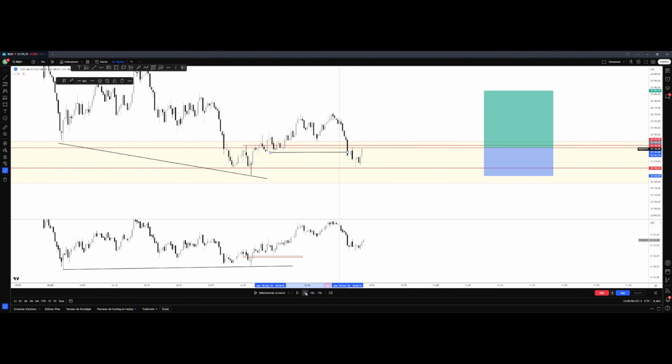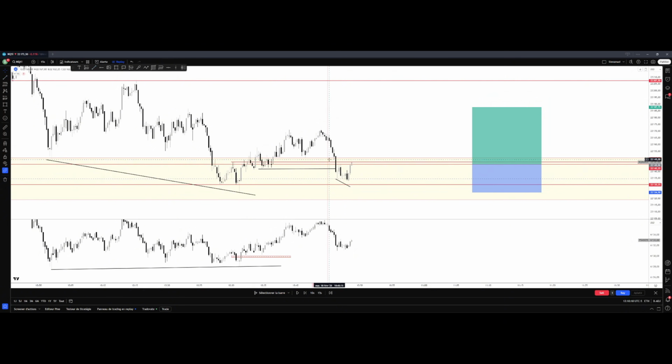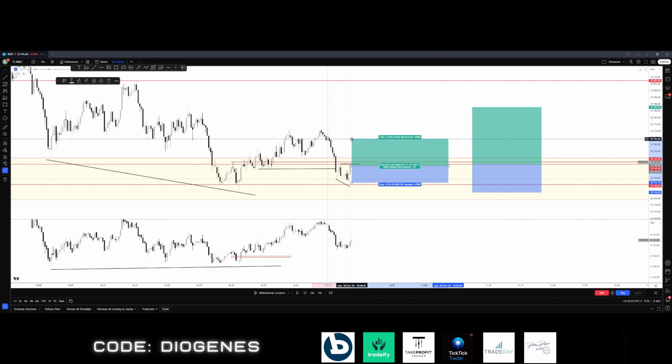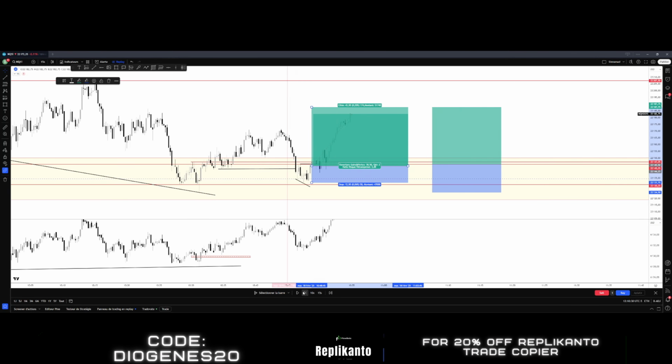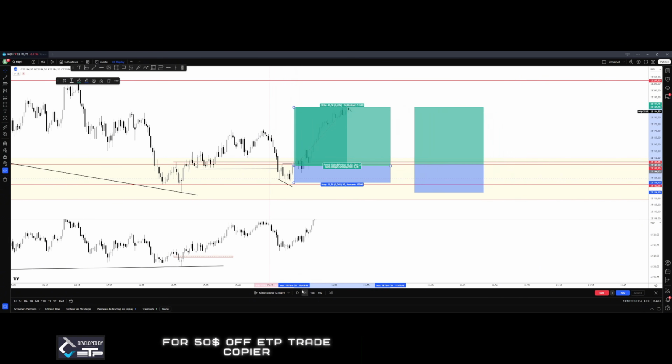Okay, so what they did here again is a SMT here, and then they printed this beautiful SMT here. So this was another breaker here. So what I did is I actually added in here, and then same target. And finally this time price went up to TP.